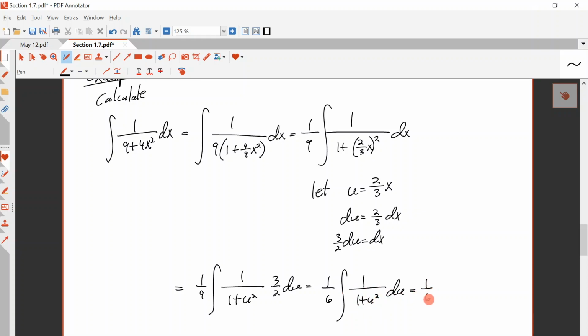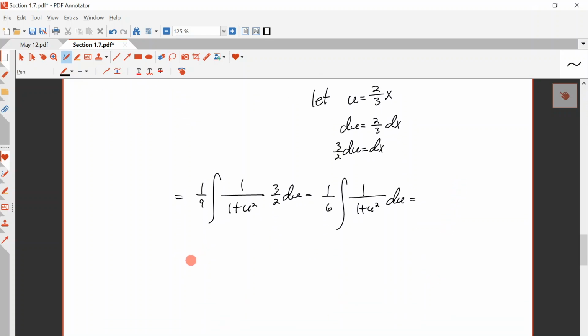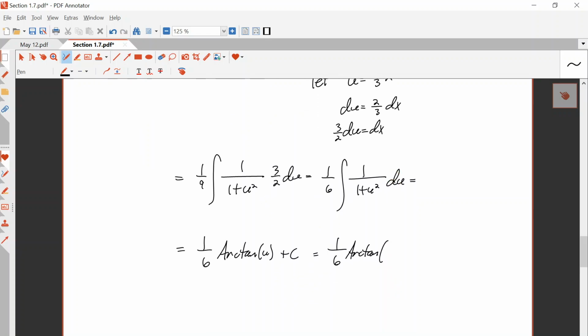So its antiderivative is 1/6 arctangent u plus c. And then u is, what was it? 2/3 x. And that's your final answer there. Okay, so a variation on the arctangent formula.